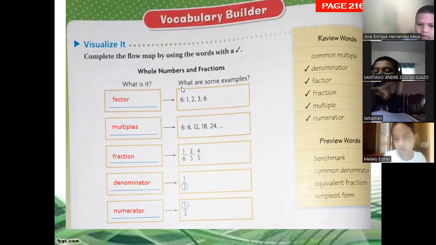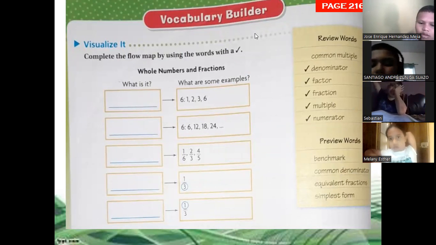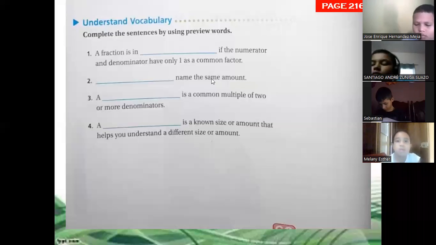Continue. I missed the second part of this one. Complete the sentences by using the vocabulary words.